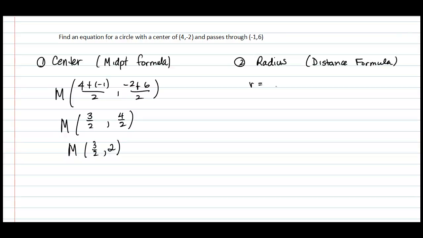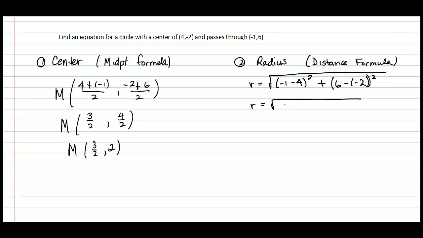The radius is the distance formula of -1 minus 4 squared plus 6 minus -2 squared. Square root of -5 squared plus 8 squared.